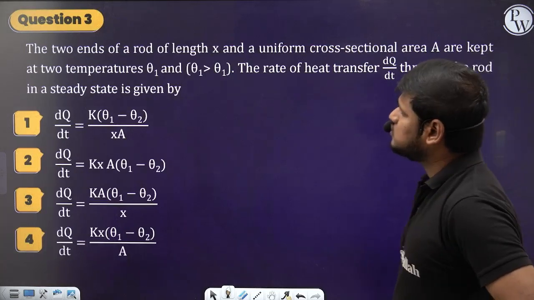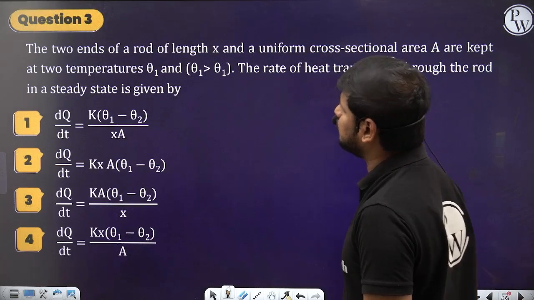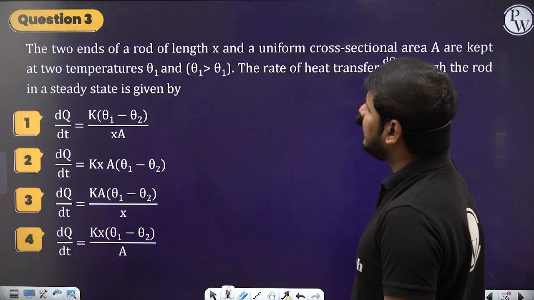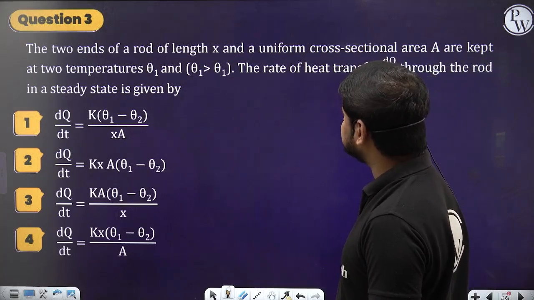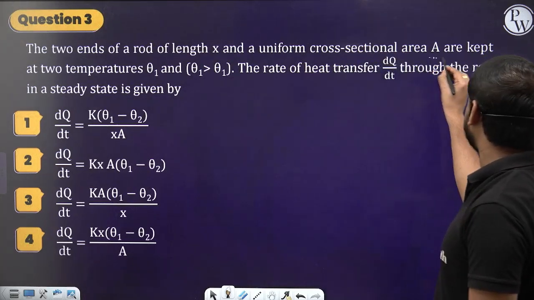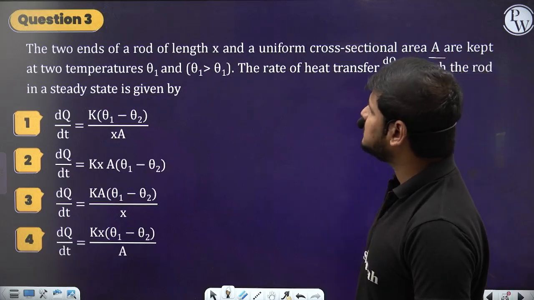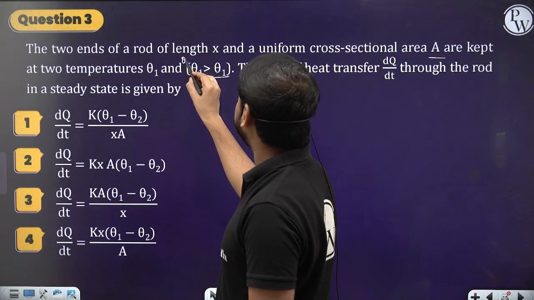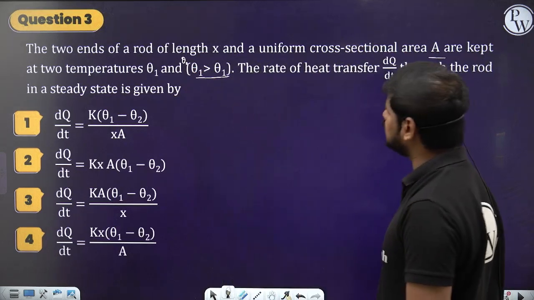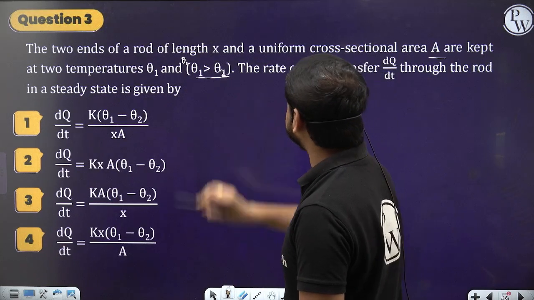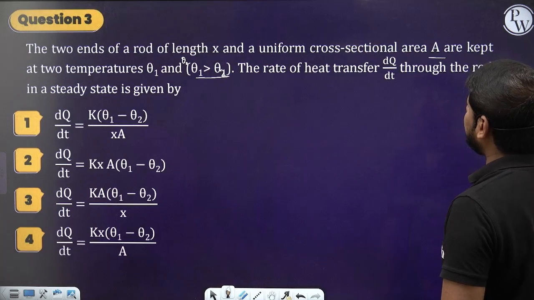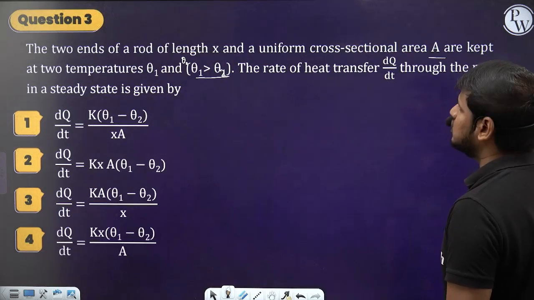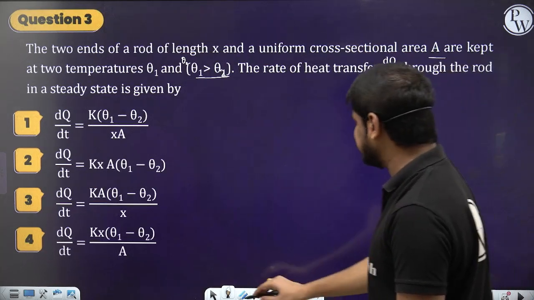We got one question, so let's try to solve it on your own. The two ends of a rod of length x and uniform cross-section area are kept at temperatures T1 and T2, where T1 is greater than T2. The rate of heat transfer dQ by dt through the rod in steady state is given by?